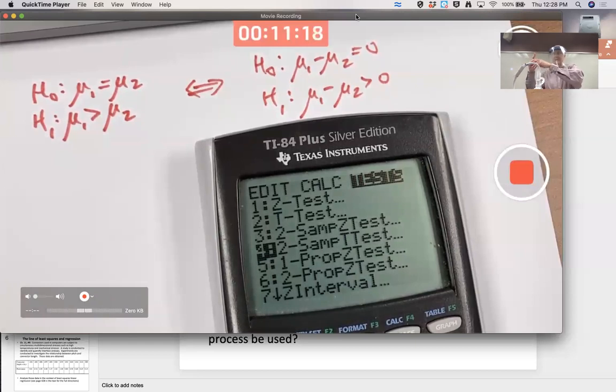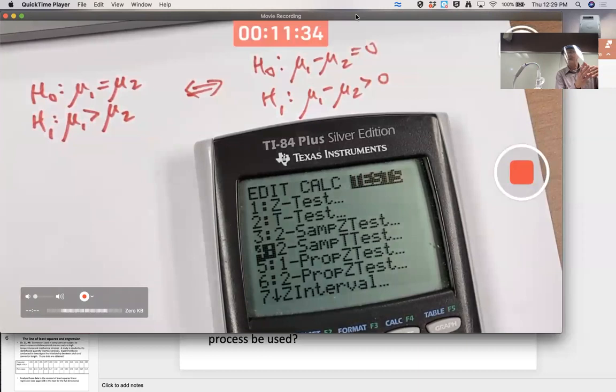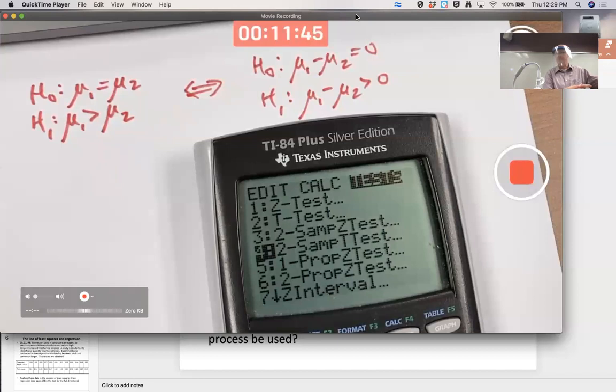Then we moved on to using t when we were focused on one mean, but the population variance was unknown, which is pretty much all the time. So the first situation really, you should probably never use. Then we moved on to talking about proportions, and we went back to z. We had an interlude with variances and talked about the F distribution, but now we're back to comparing means, and we go back to using t.